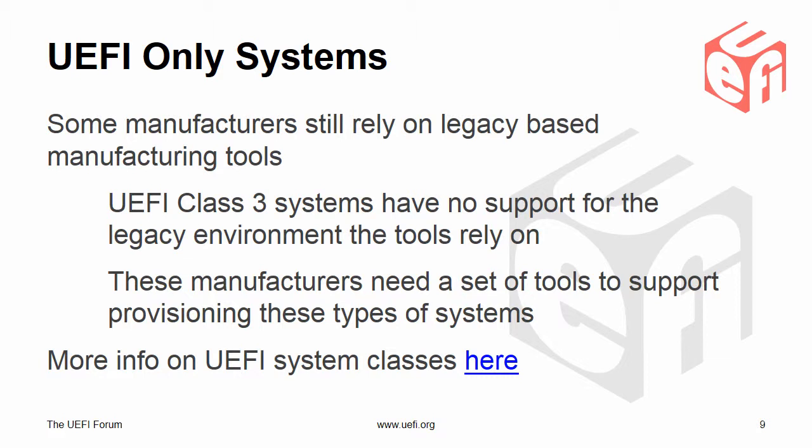Now, for those not familiar with the UEFI classification of systems, we identify systems through class 0, 1, 2, and 3. Class 0 are the traditional, completely legacy systems. Class 1 is a legacy system with a UEFI layer on top of it.